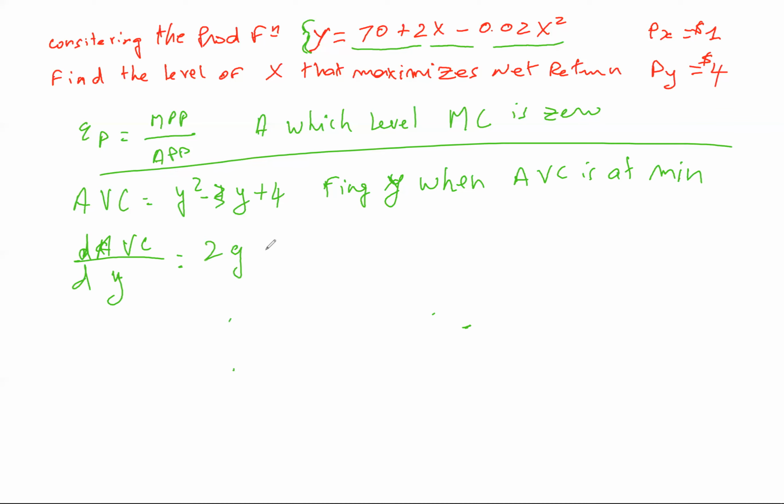So it's 2y minus 3 equals 0. And so y will be equal to 3 over 2, okay, or 1.5.